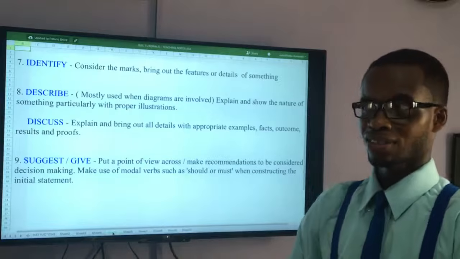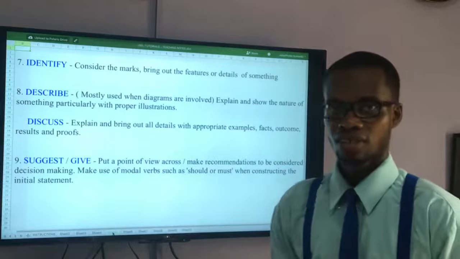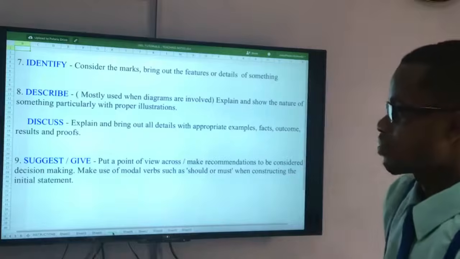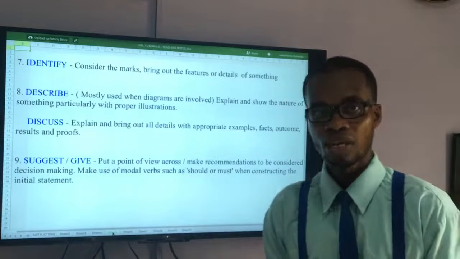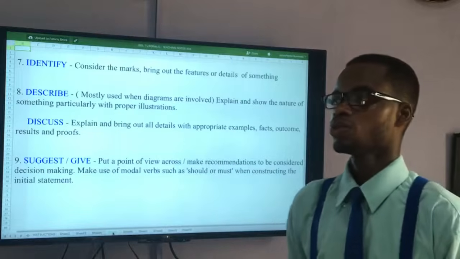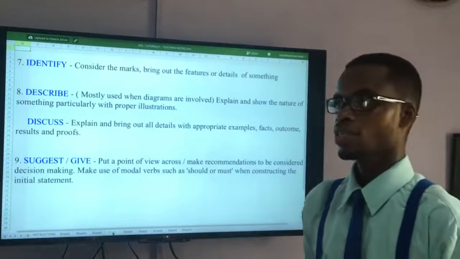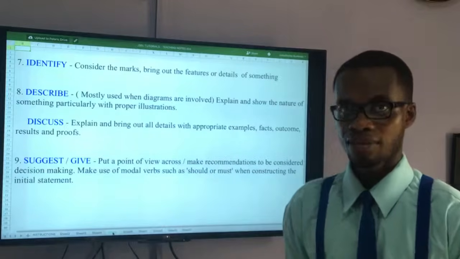So we are actually suggesting there should be what? Responsible parenting. Okay, so those are some of the things that you have to do when you are being asked to suggest in a social studies exam.